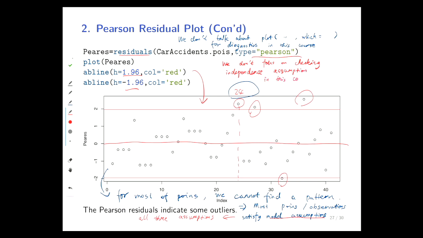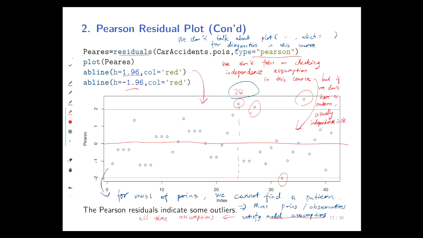Basically, we haven't mentioned anything about checking the independence assumption. But what we can tell here is that if we do not have a pattern in this plot, usually independence is okay.